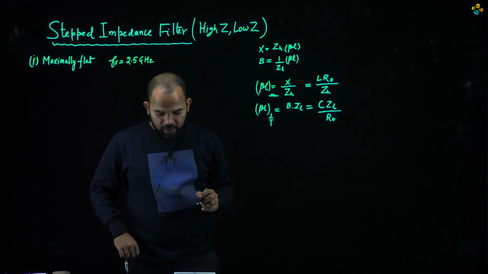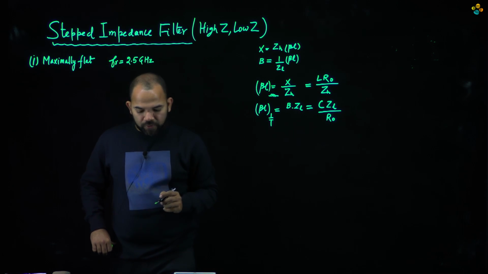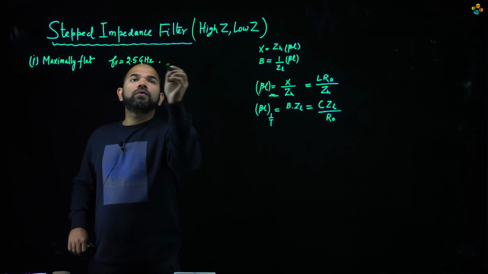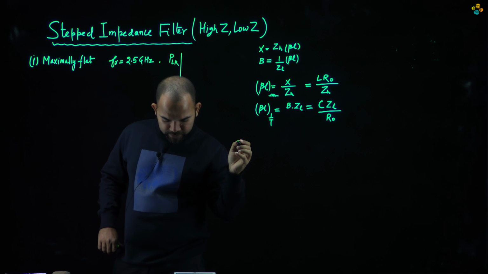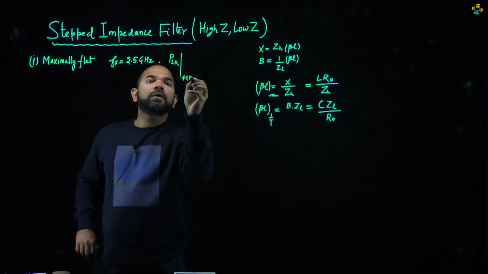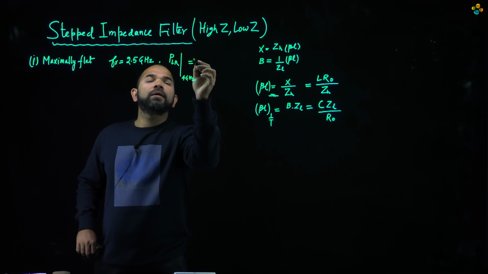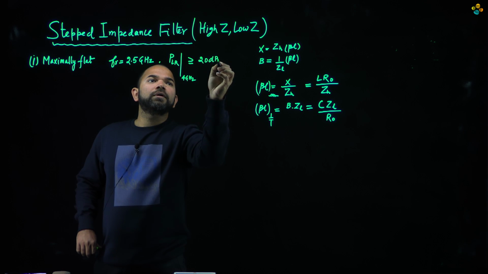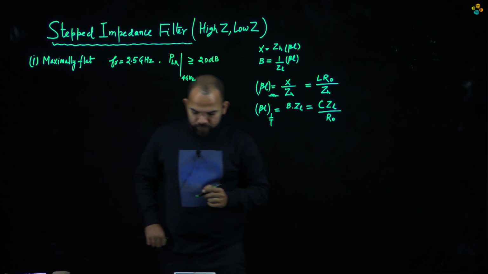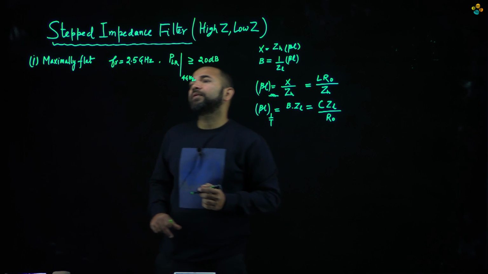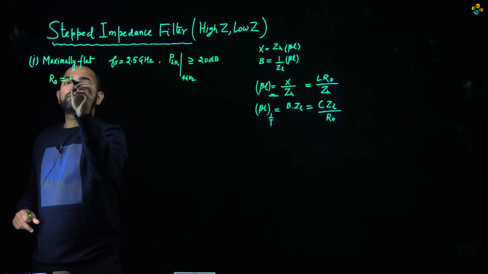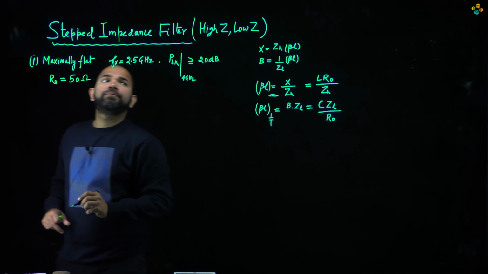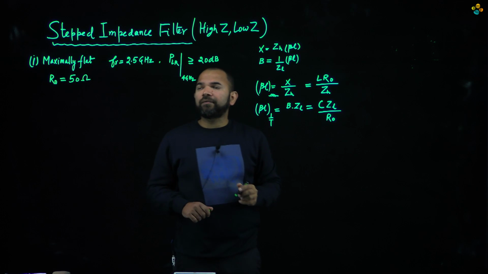It is necessary to have more than 20 dB of insertion loss, so the PLR at the frequency of 4 gigahertz should be greater than or equal to 20 dB. The system impedance R0 is given as 50 ohm.